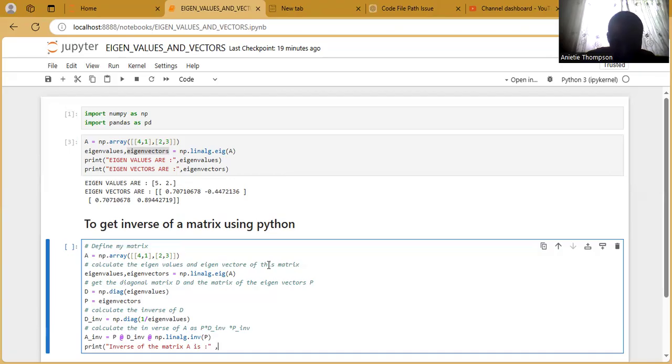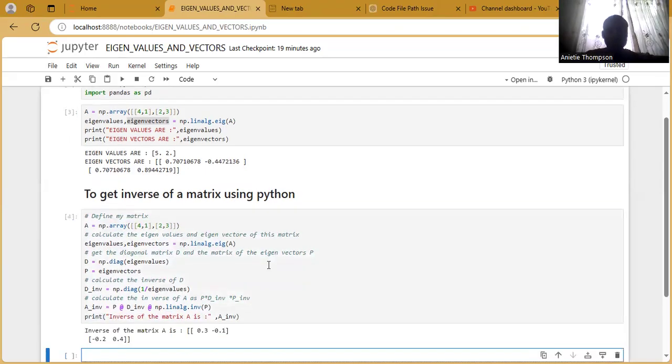Okay, I've gotten that already. That should be equal to A underscore INV. It's too close because you've gotten everything. So this will be shift enter. Let's see. All right.